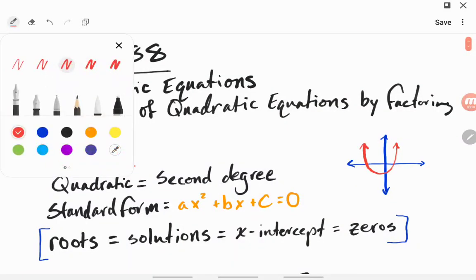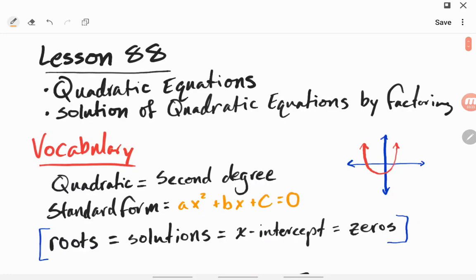And these points where it crosses the x-axis, those are the roots of this equation, or the solutions of this equation, or the x-intercepts, right? That's where it crosses the x-axis. Also called the zeros because they are where y equals 0. All right, so you don't need to worry about this right now. We'll get to that later, but that should give you a visual representation of what it is that we are going to be doing.